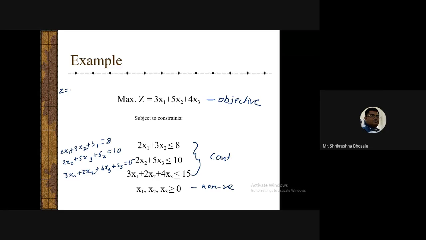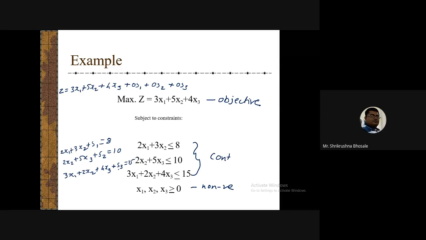And your Z equation becomes 3x1 plus 5x2 plus 4x3 plus 0s1 plus 0s2 plus 0s3. Is it right?